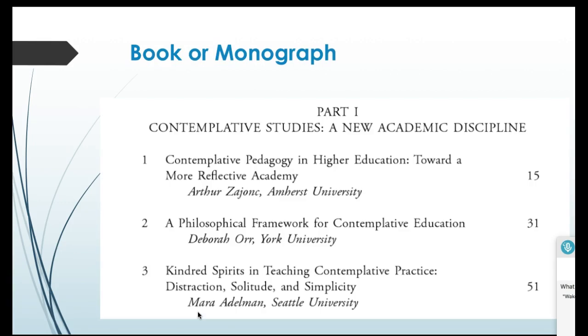Next, we have books or monographs. Sometimes books or monographs end up being edited versions, which means it has an editor and then several contributing authors that are different. So I've copied and pasted a book that's edited. You can see the different kinds of titles in here and the different authors.